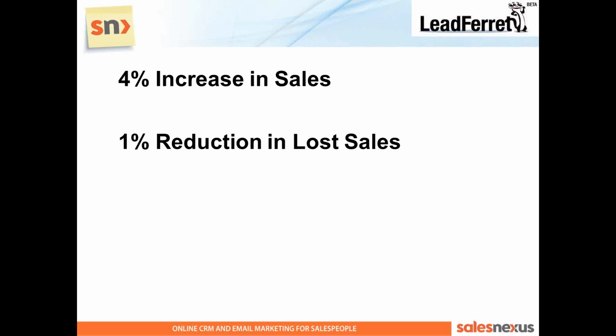And so if all you do is improve your coordination as a team and lose 1% fewer of those sales, that translates into a 4% increase in sales. Again, I have to show you the spreadsheet for you to really understand that math, but it's true. It works. So a 1% reduction in your lost sales. In other words, I pursue $400,000 in sales every month.